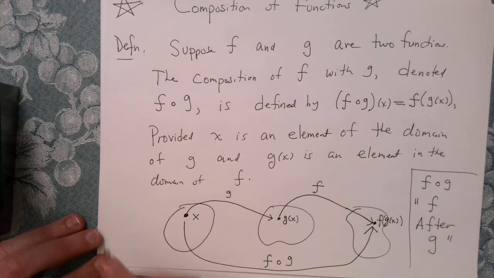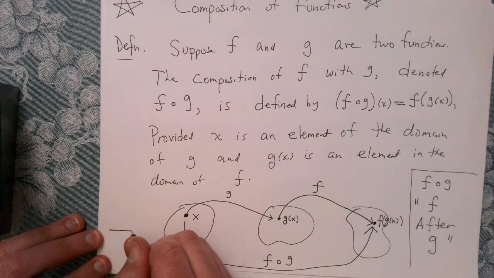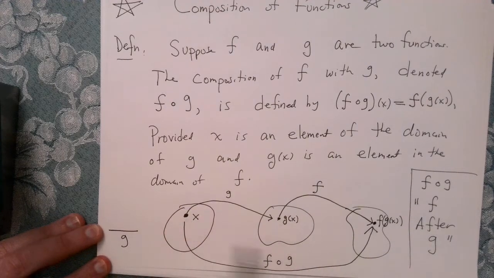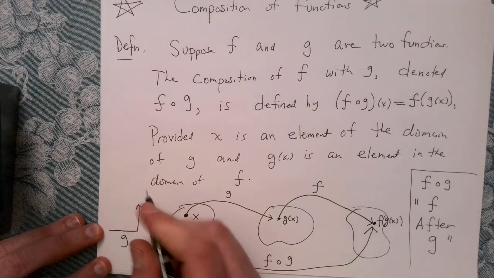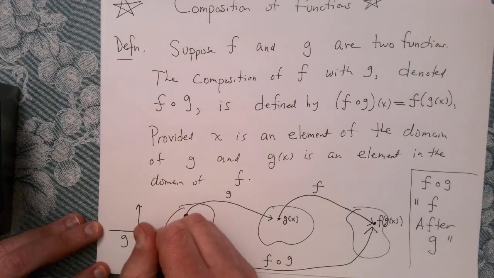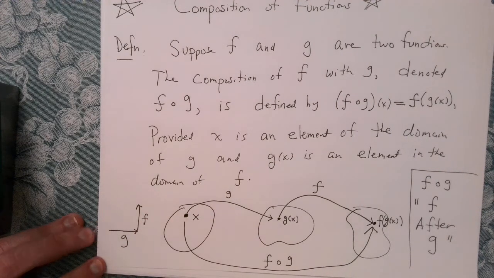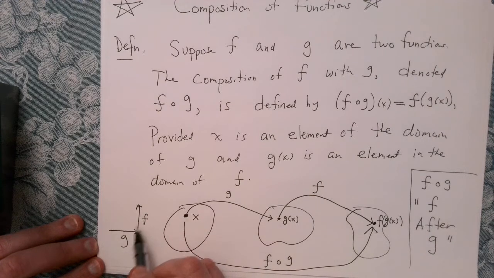Sometimes you'll see a diagram that looks like this, like a triangle. Start with some function g. Then apply f. So if I want to land here, do you see how it's f after g? g first, then f. So to go from here to here, function 1, then function 2.